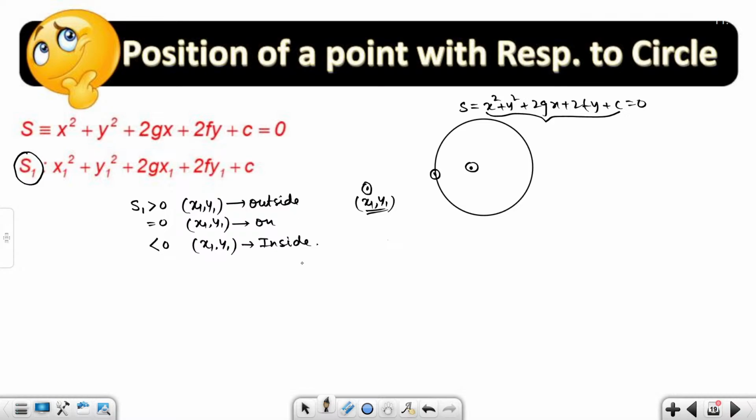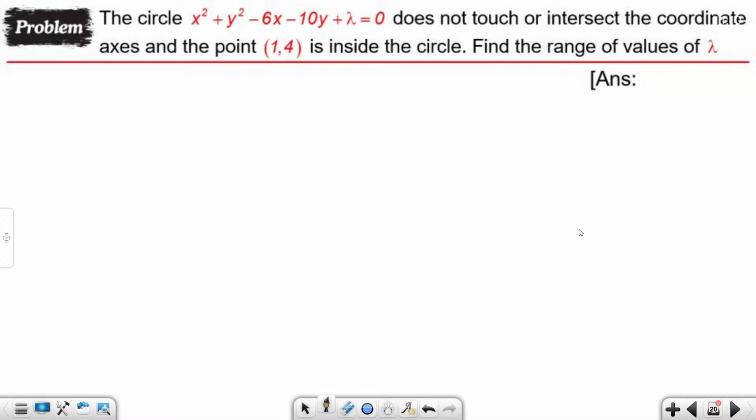So now we have understood how to find out the position of a point with respect to a circle. Okay. Now, let us take this problem. The question is, the circle given here does not touch or intersect the coordinate axis. Can you remember?